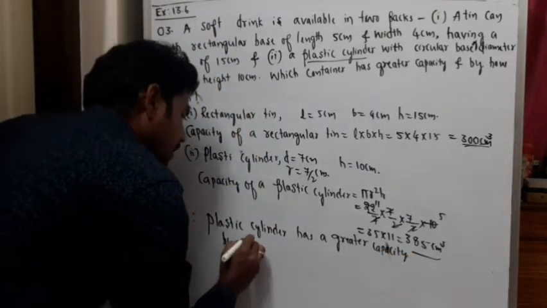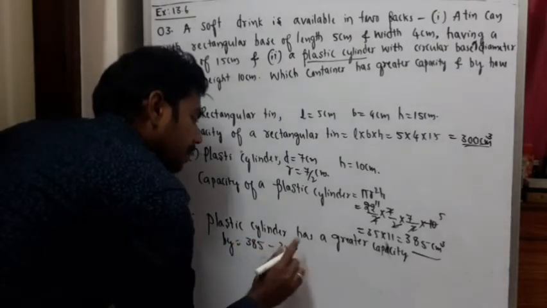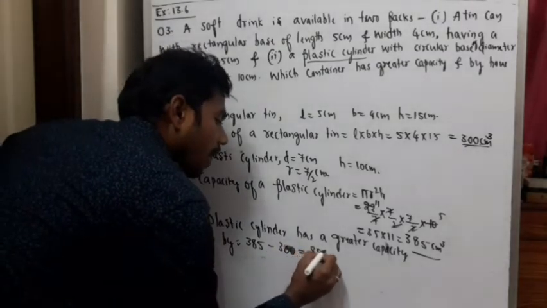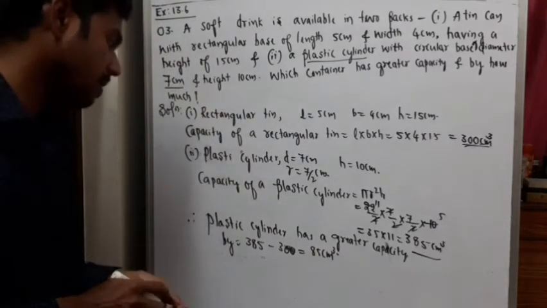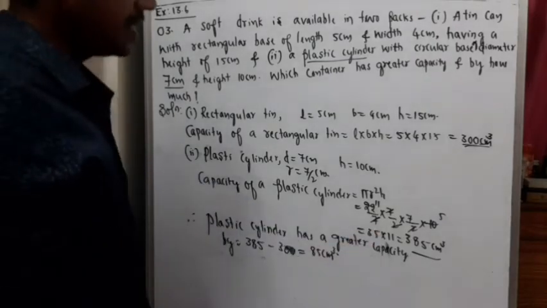So that is 385 minus 300 is equal to 85 centimeter cube. Means plastic cylinder has a greater capacity by 85 centimeter cube. Please note this term.